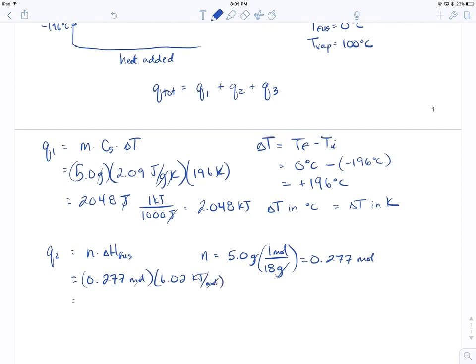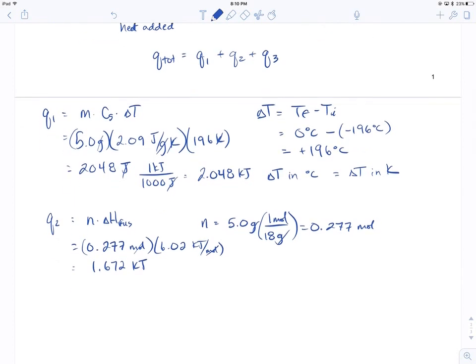And this works out to be 1.672 kilojoules.